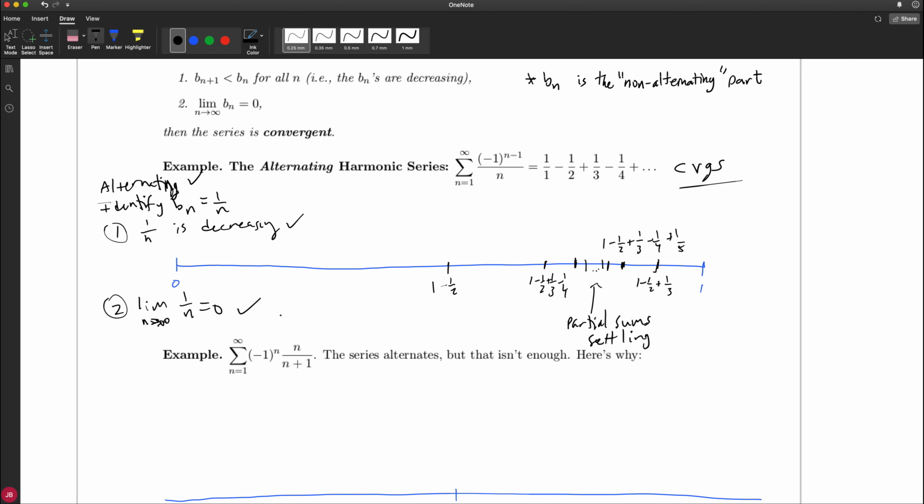So then you would say by AST, the alternating harmonic series converges. So this is a super important example, so put a star next to it, highlight it, whatever you want to do. It's a super important example because we know that the harmonic series, if you get rid of this alternating part, diverges, but the alternating harmonic series converges.